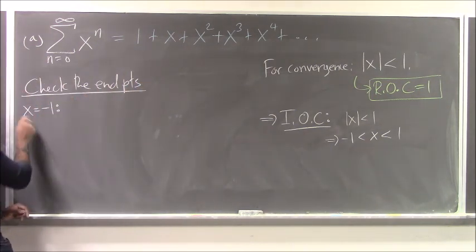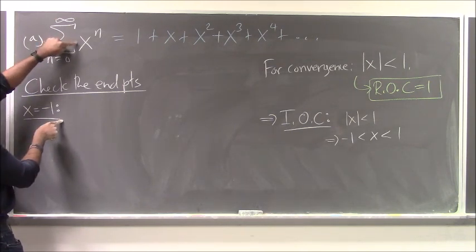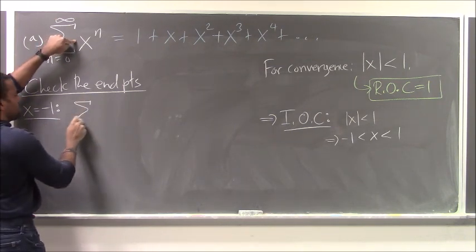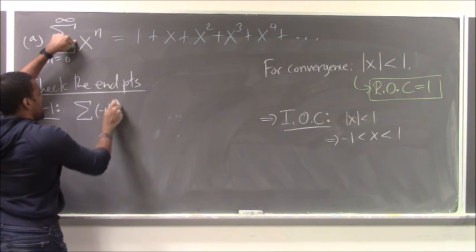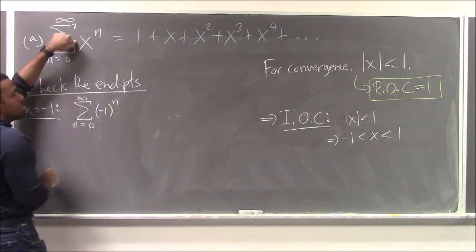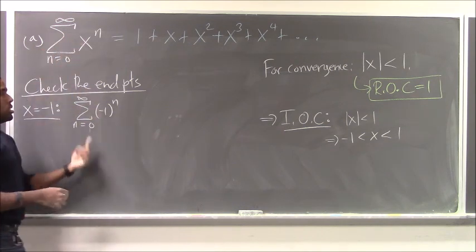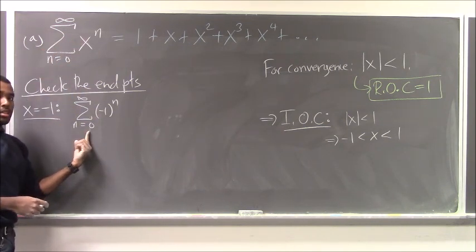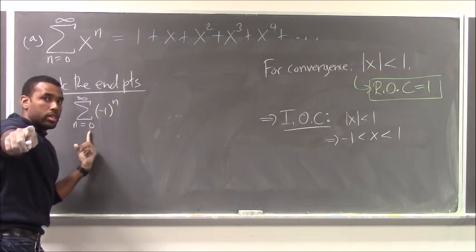So if x equals −1, what I'm going to do is plug in −1 into this series. I would get the series Σ (−1)^n. Now, does this actually converge? Pause and answer.